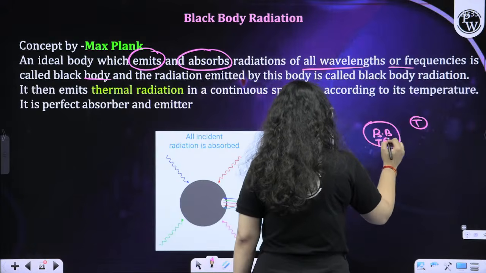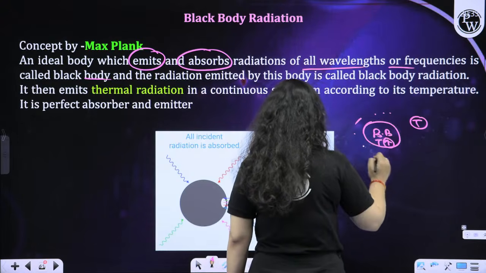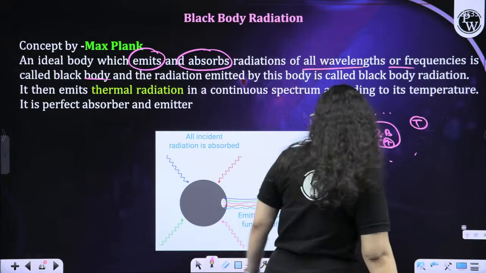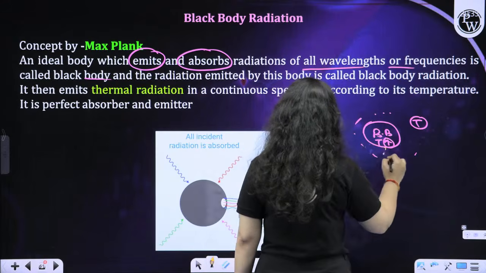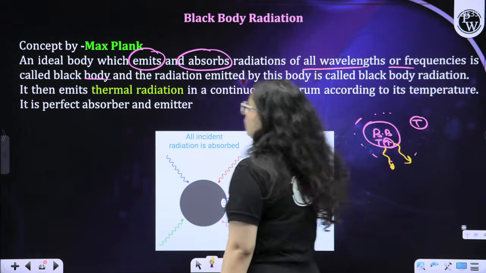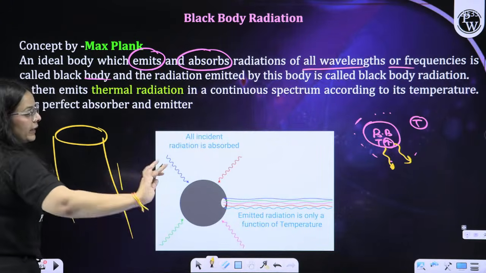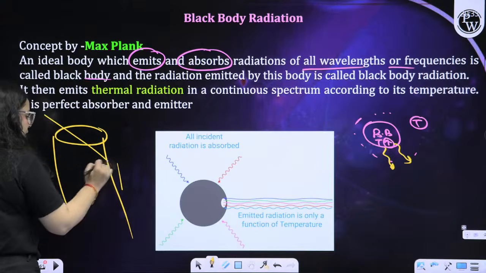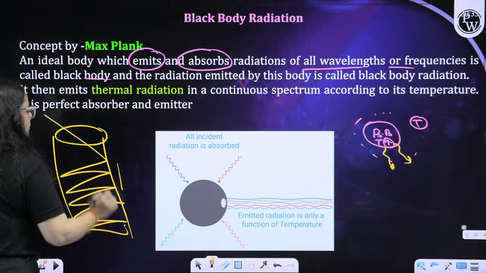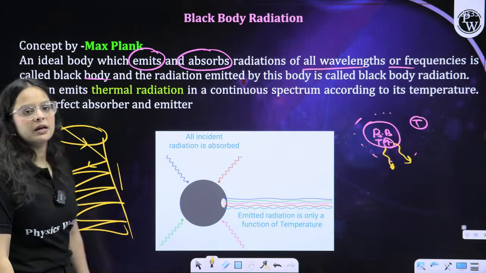If the black body temperature exceeds the surrounding temperature, the black body will start releasing radiation out. You can consider the black body as a hole that has no ending at all. If radiation enters, it will continuously move inside the black body, but it will never come out.